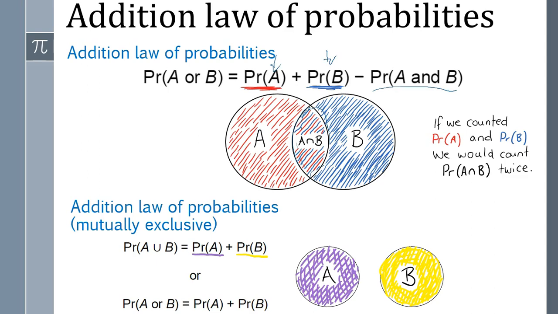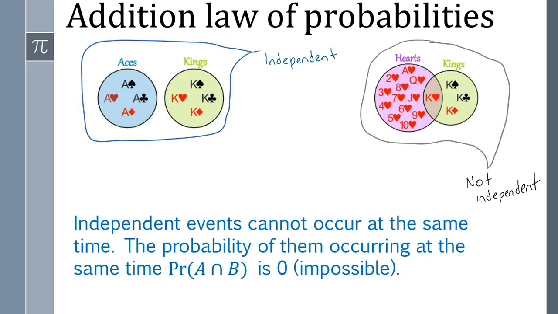So for this kings and hearts, we actually have 4 kings, and we have 13 hearts, but there's only 3 in here and 12 in here. You've actually got to take away the one that's in the middle there.